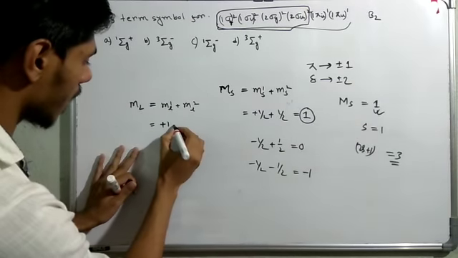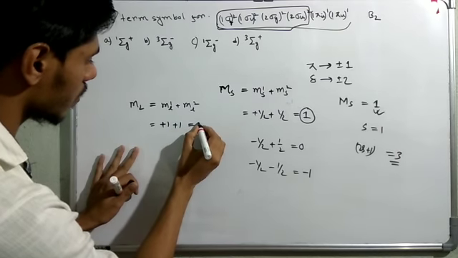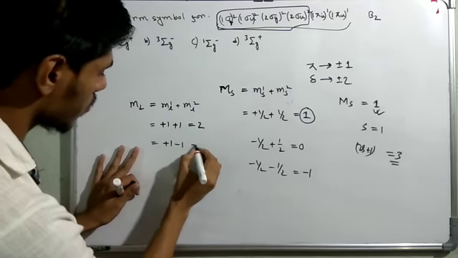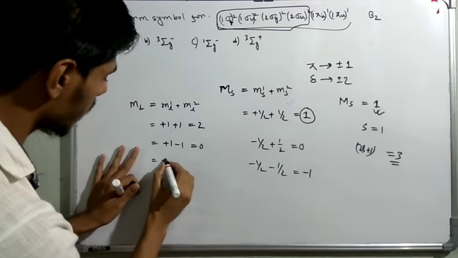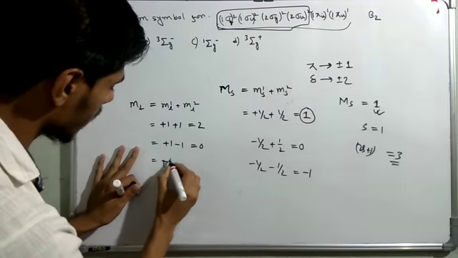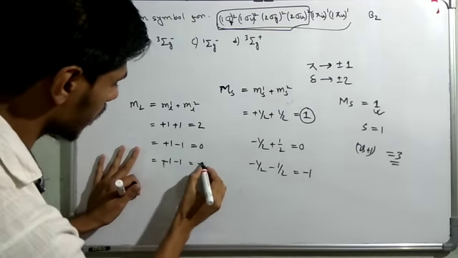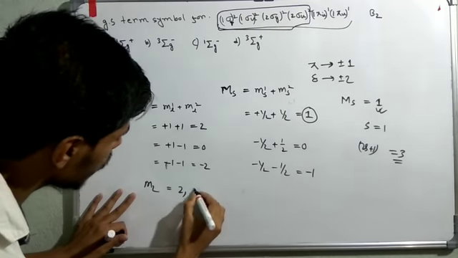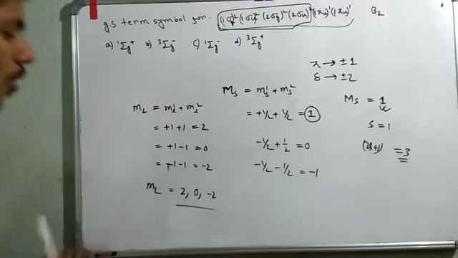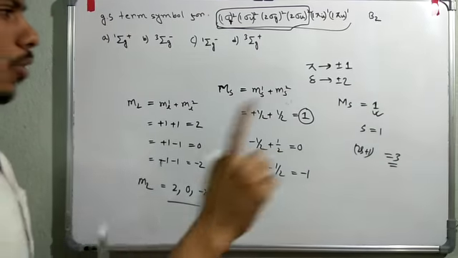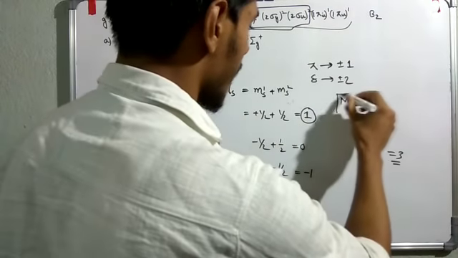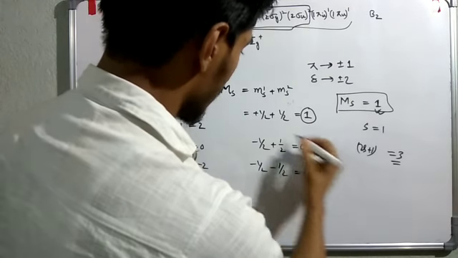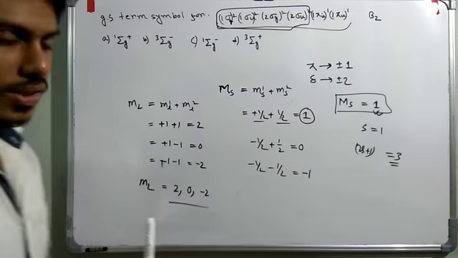Either it can be plus 1 plus 1, that will give 2, or plus 1 minus 1, that will give 0, or minus 1 minus 1, that will give minus 2. So ml has possible values of 2, 0 and minus 2. Now we already told that we have to take the highest possible value, and that means they will have plus 1 configuration in each case.